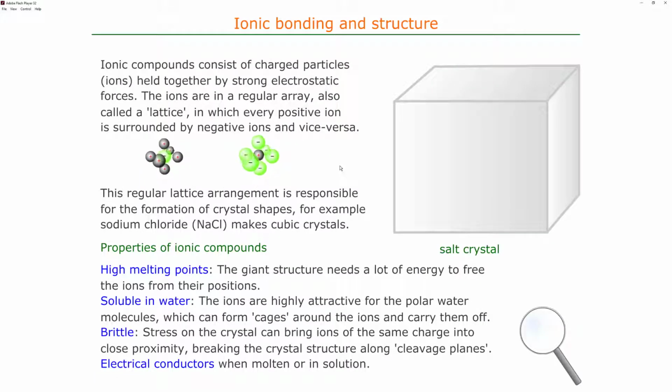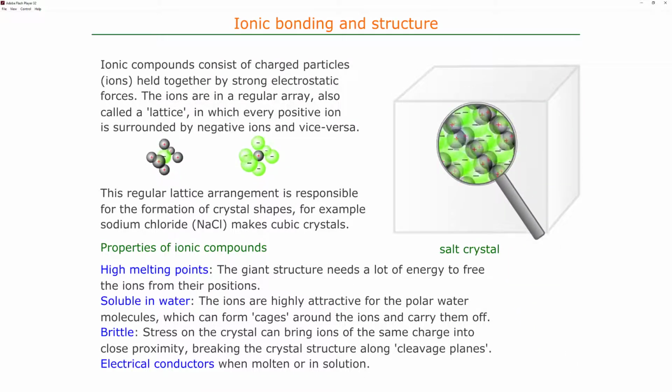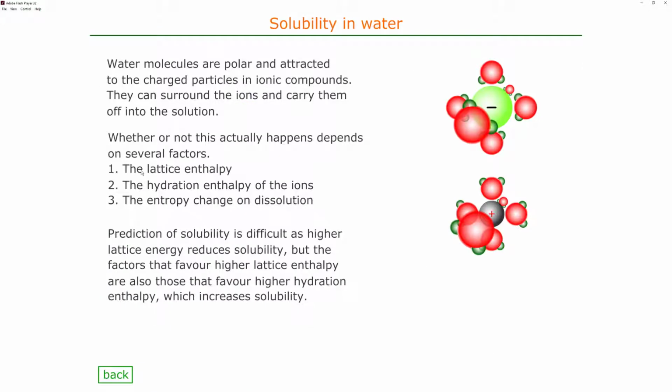What other properties do ionic crystals have? Well, the fact that the ions themselves are charged means that they're very attractive for ionic solvents, or solvents which are highly polar, such as water. And this is why many ionic compounds dissolve in water. The solubility in water is fairly straightforward. The water molecules surround the ions.